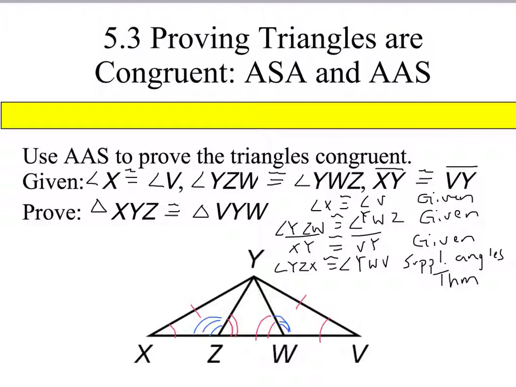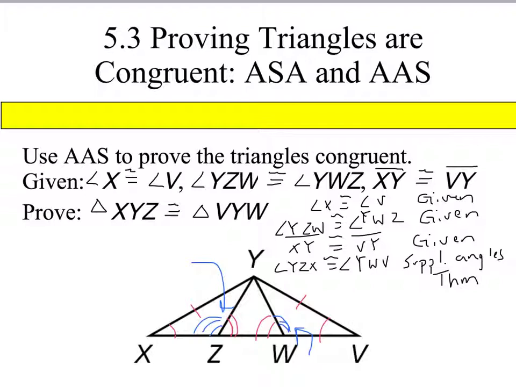If we know that YWZ and YZW have the exact same angle measures, the supplementary angles theorem, or you could also say the linear angles theorem, has to prove that these two angles are congruent. They have to be, based on what we know about our linear pairs and our supplementary angles theorem.